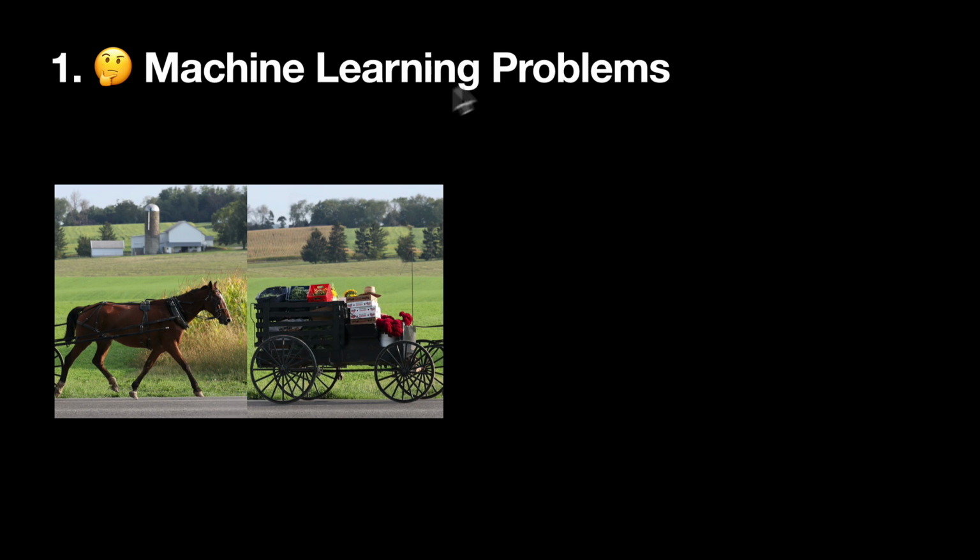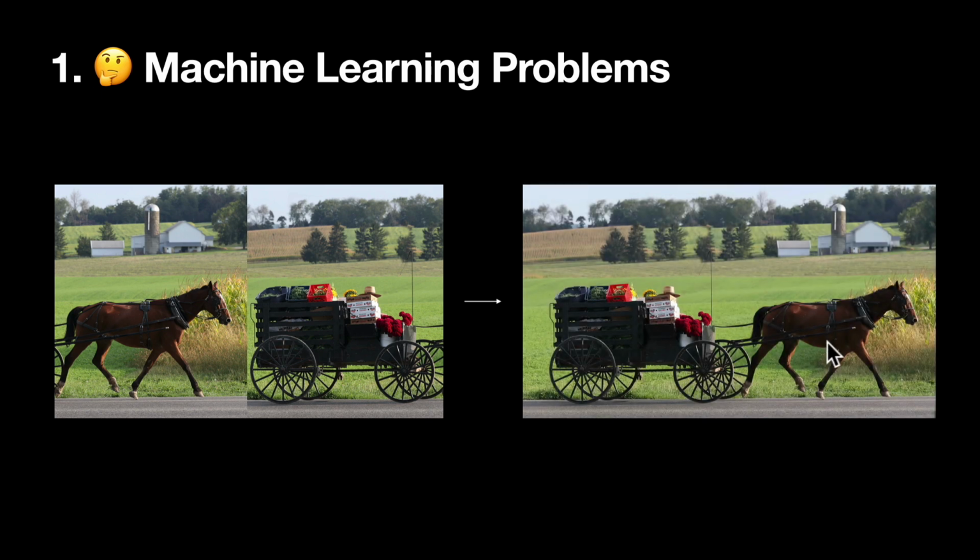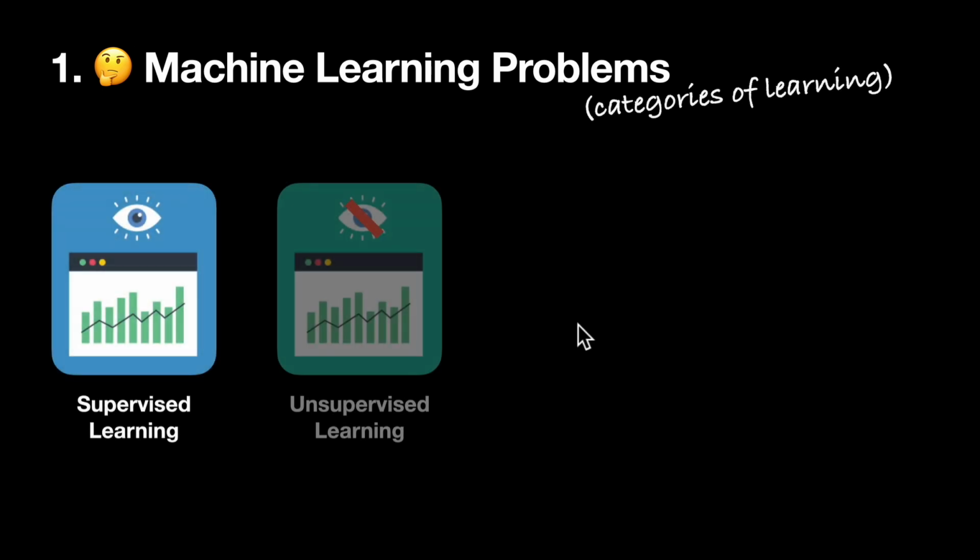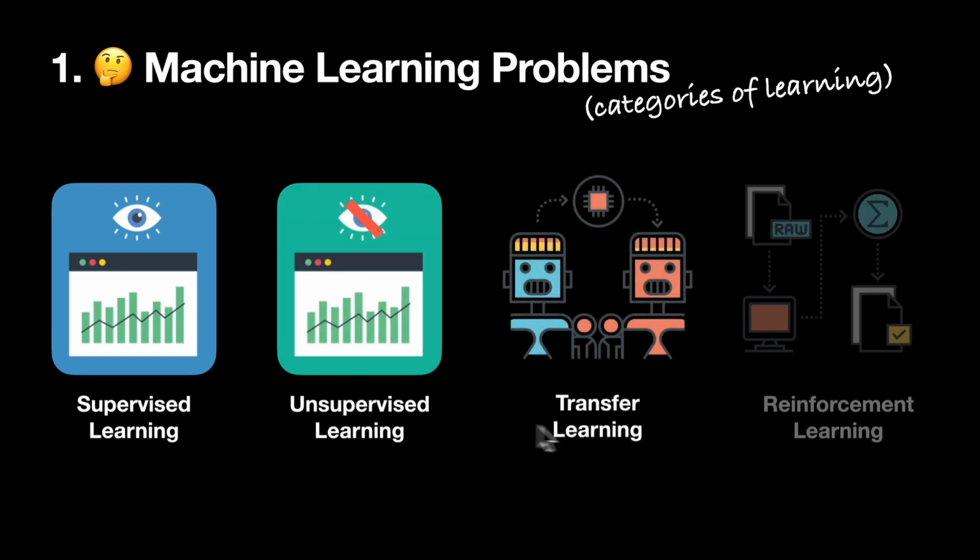So the idea of this section is to go from having the horse before the cart to having it in the correct order. Now, if we go to machine learning problems, we've got categories of learning: supervised learning, unsupervised learning, transfer learning, and reinforcement learning. There are probably some others here, but these are the 4 main ones you're likely to encounter most often. You can break them into your own subset.